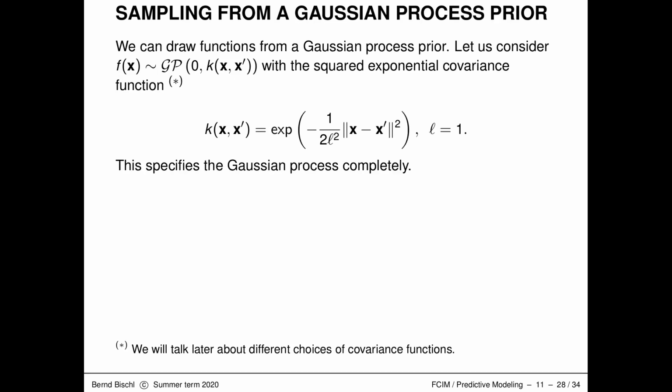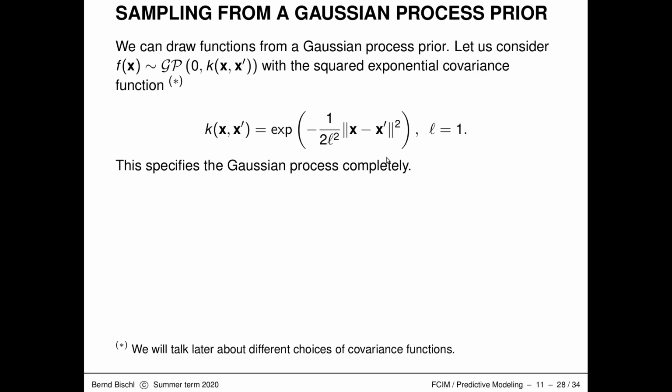So, for example, we can say we like this spatial smoothness that we talked about before, and we have already seen that this is induced by this squared exponential covariance function. So we might pick a function like that, and we could parameterize it at least a little bit by putting an L squared in front of things.